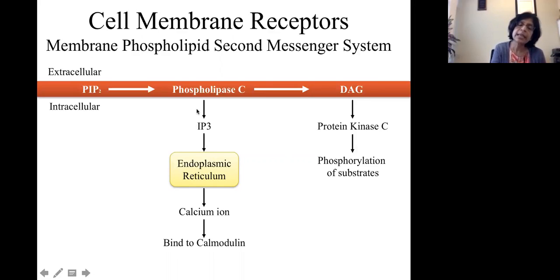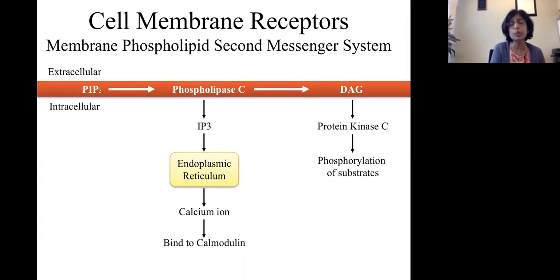Phospholipase C could convert PIP2, this is a phospholipid, to IP3, that is inositol triphosphate. Okay, inositol triphosphate basically releases endogenous calcium sources. So it releases calcium from whatever source we have.